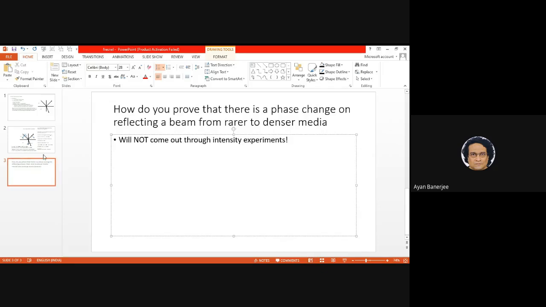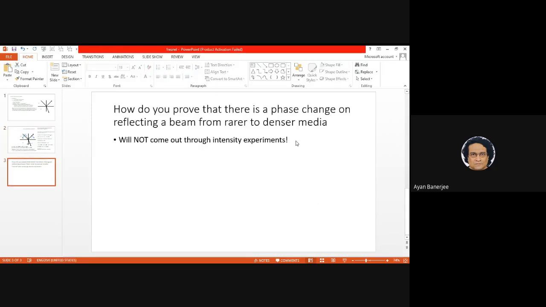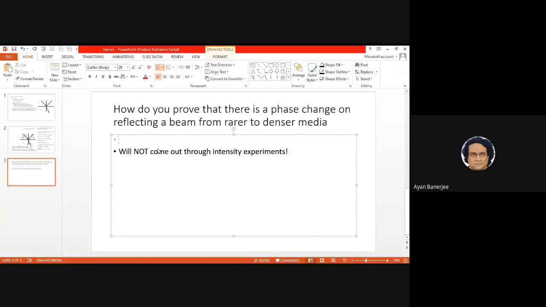It will not come out in intensity experiments, so this essentially means experiment. Let me just go from here. The first point is crucial that RP seems to have a phase change of pi when Ni is less than Nt, right?